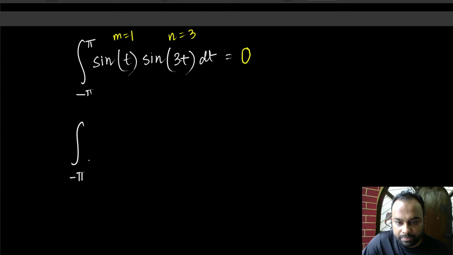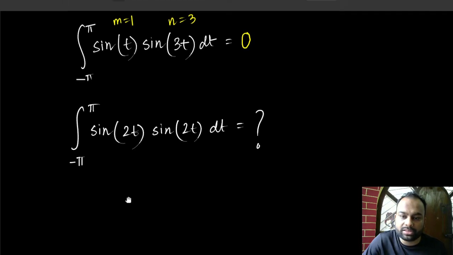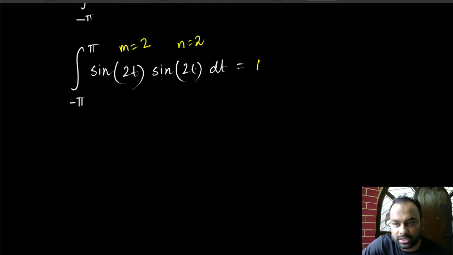So, minus pi to pi sine 2t sine 2t dt. What will be the value of this? Again, for this, m is equal to 2 and n is equal to 2, right? So of course this is going to be pi, because both of them are equal, right?